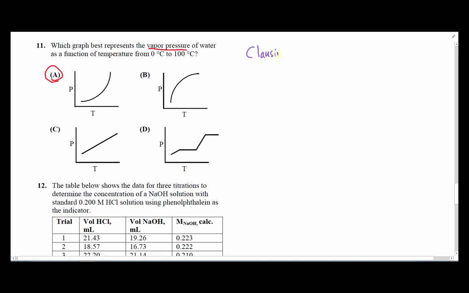Clausius, it's very similar to the kinetic equation, except this time instead of the activation energy, we have vapor energy, the delta H vaporization enthalpy, and then we have the R, and it's in terms of T.